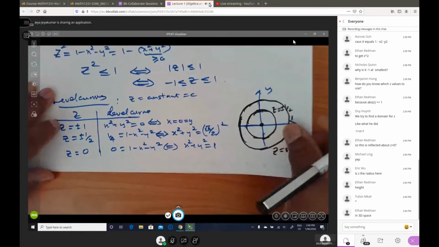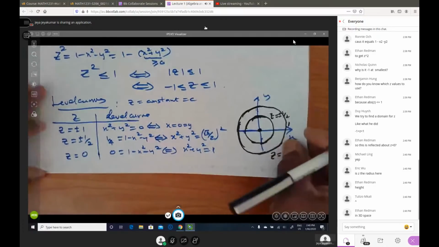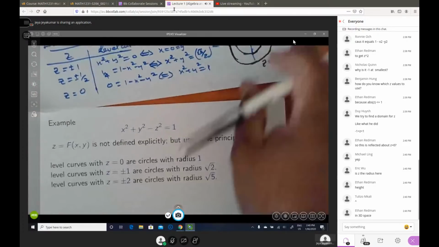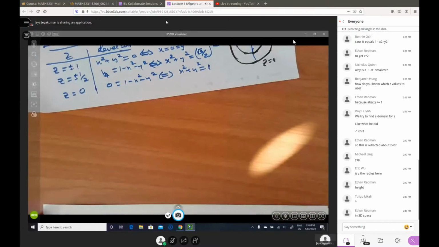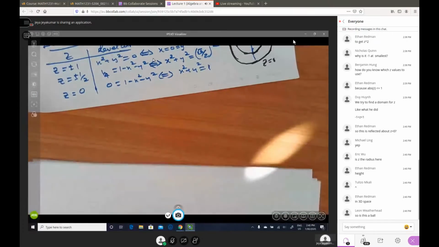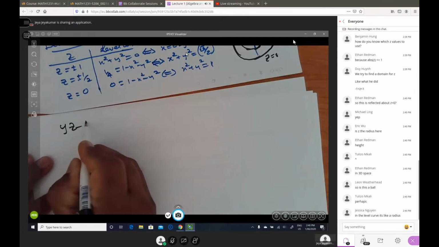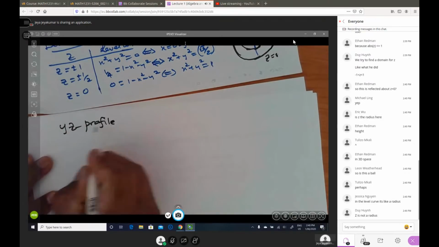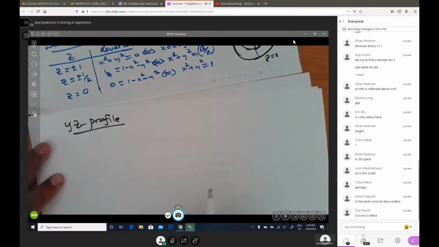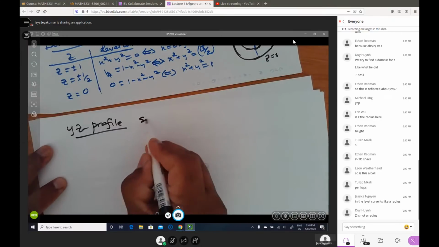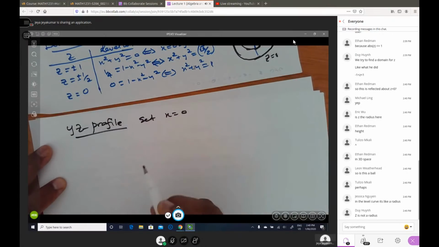And now we also want to look at the yz profile and xz profile. Let's look at the yz profile. Set x equals 0 in the equation.